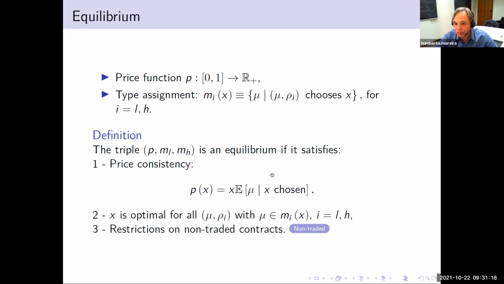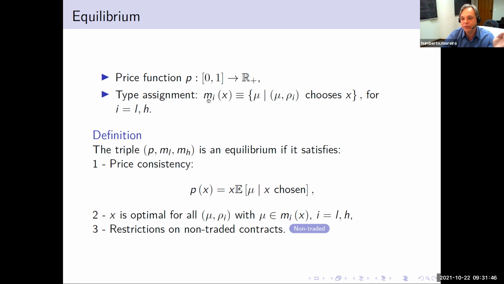So what is an equilibrium? This equilibrium is a triple. It's a function that maps the coverage level into the positive real line. And instead of talking about the allocation, which maps type into coverage, I'm going to do the reverse, which is important for the analysis because it helps us to characterize the equilibrium. So instead of talking about the direct map, I'm going to talk about the inverse map.